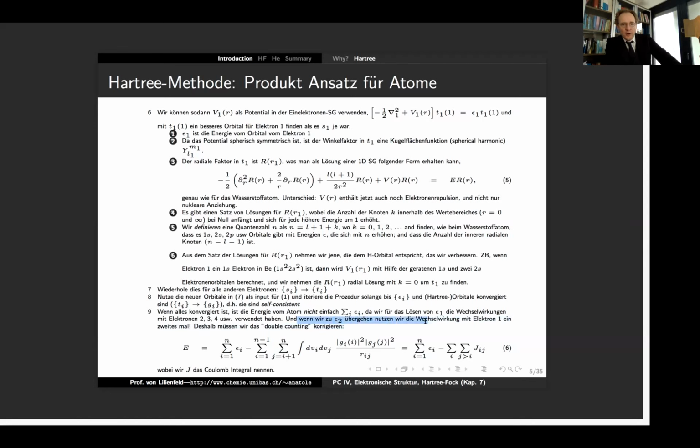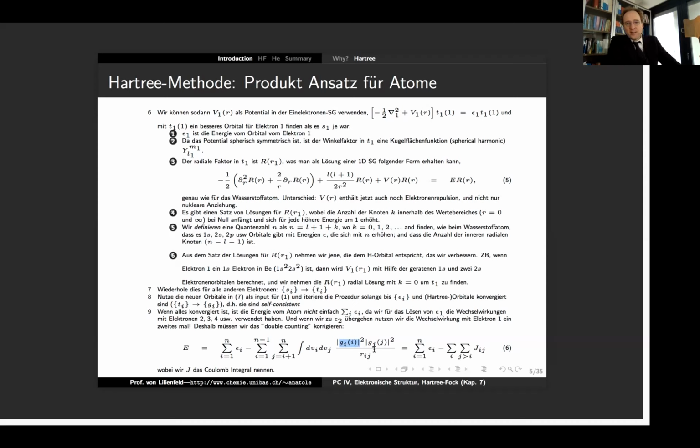You have to, in particular, account for some double counting of your final solution, and this is basically what you see here. So you take your orbital eigenvalues and you subtract contributions from the electron densities interacting, of I and J, over the distance.